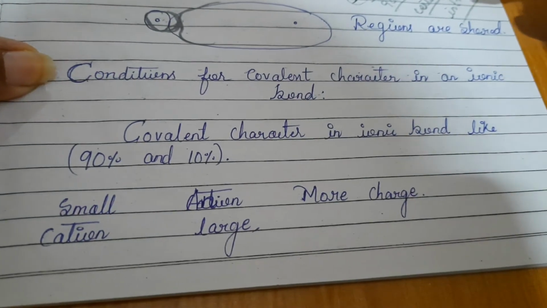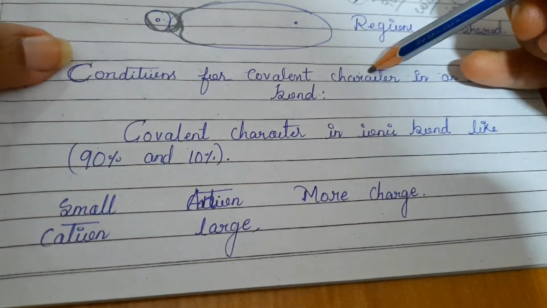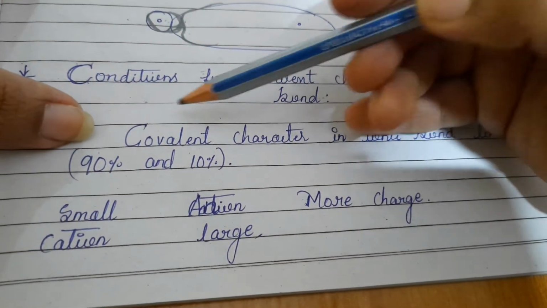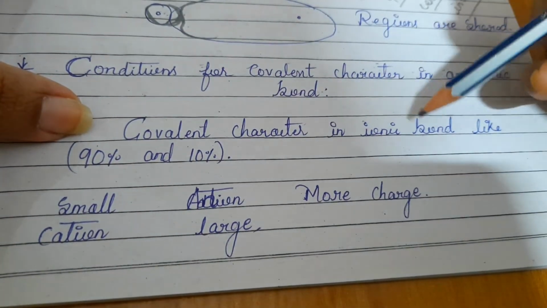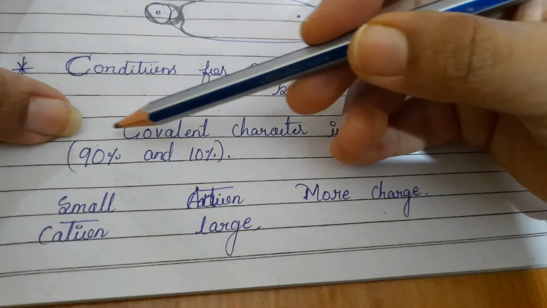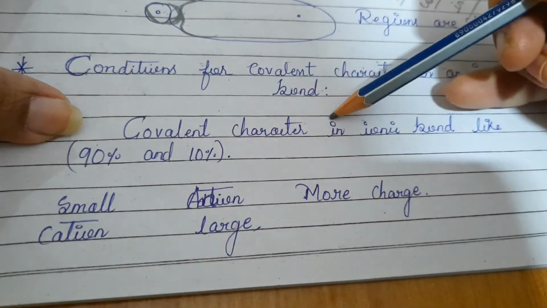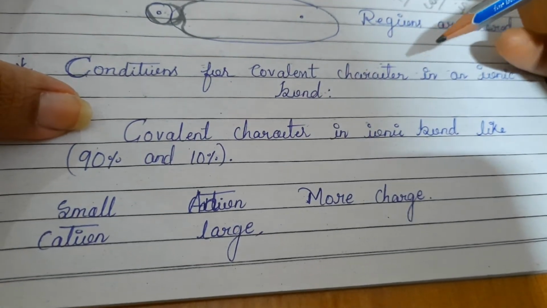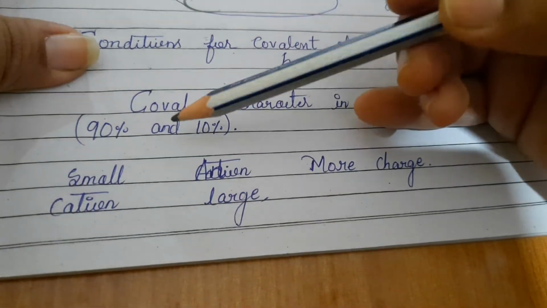If we consider 90% covalent character in an ionic compound, then you will have 10% ionic character. I'll explain it with an example.